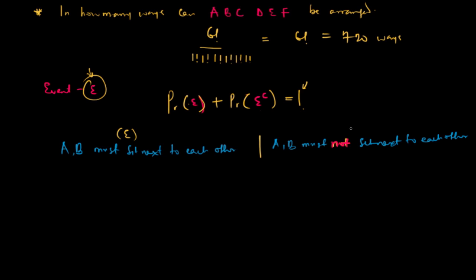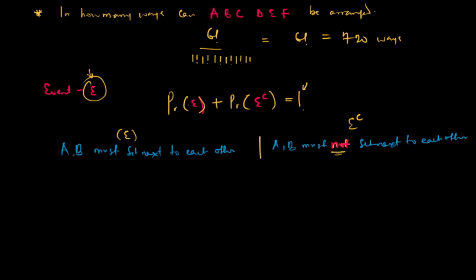So this is just going to be the complement of what we have, E complement. So if an event was AB must sit next to each other, then the complement of the event is AB must not sit next to each other.